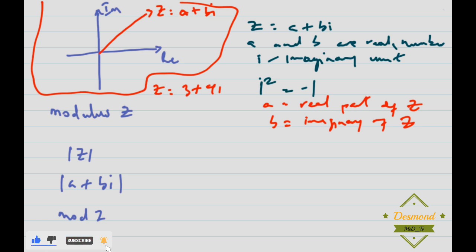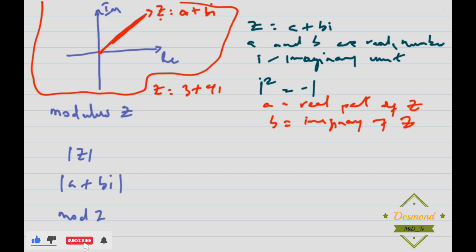What I'm saying is the distance from the origin of the plane to the point represented by the complex number. So the modulus of a complex number is this distance here.